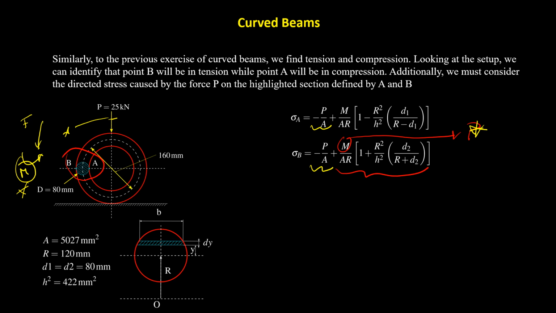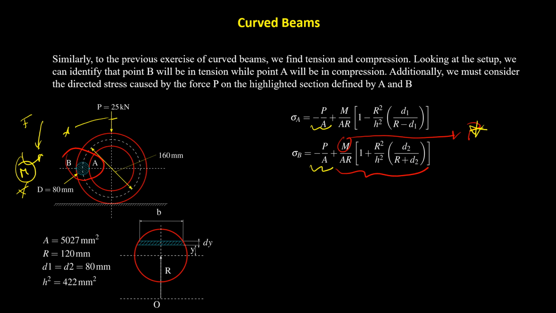So let's remember that one thing is that they ask us to apply the Winkler-Bach theory. And another thing is that they ask us to calculate the stresses. So if I have to calculate the stresses at point A and point B, then it means that I have to consider all possible causes for stresses.